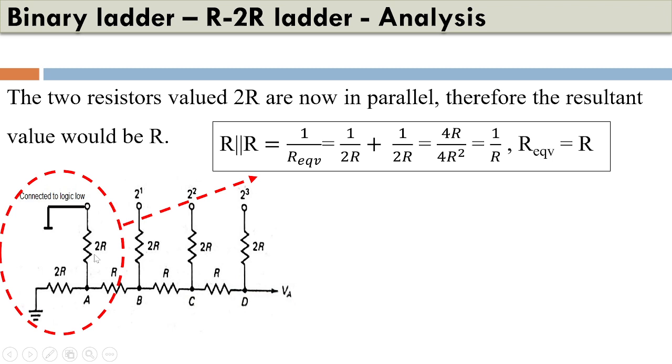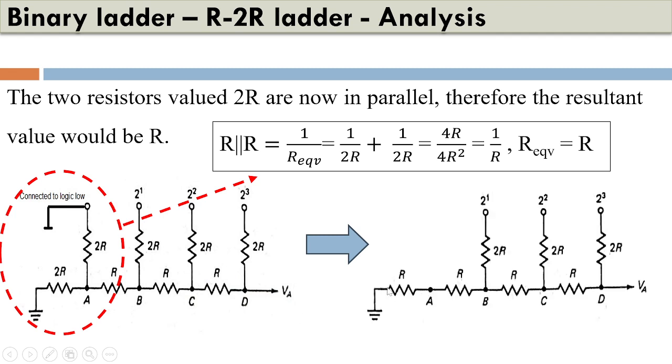When they are in parallel, we get the equivalent resistance of this network. Both 2R resistances are in parallel, so the equivalent resistance is 1 by 2R plus 1 by 2R, which is 1 by R. So R equivalent is actually R. We will replace the circuit on the left side of A with a simple R. Here you can see the portion left of A has been replaced with a simple R.